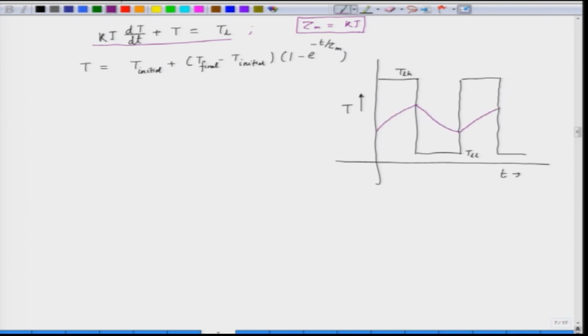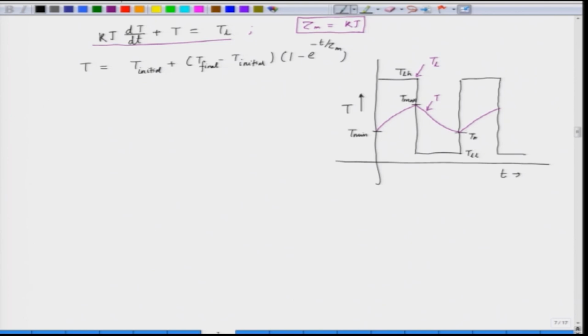So, this is the motor behavior T and this is the behavior of the load, which is TL. Now, we want that the motor torque should be confined between a T minimum and a T maximum.